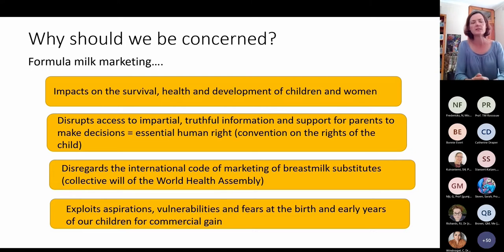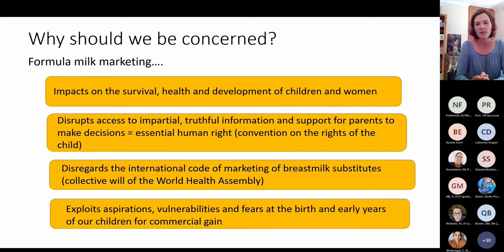So why is this an important topic? Well, formula milk marketing impacts the survival, health, and development of children and women. It disrupts access to impartial and truthful information and support, and the right of parents to make decisions that are not unduly influenced. And this is a right enshrined in the Convention on the Rights of the Child.